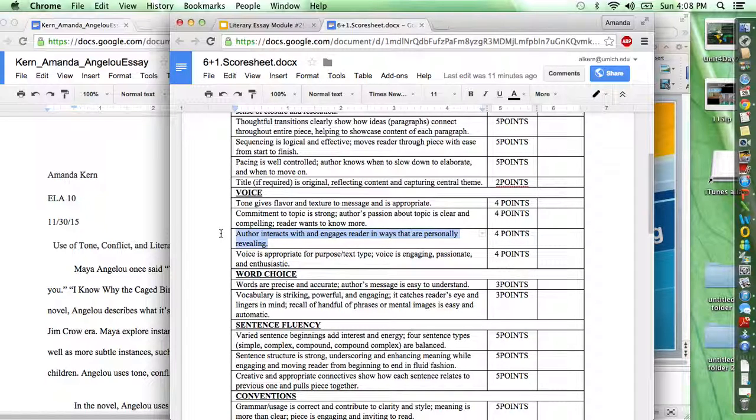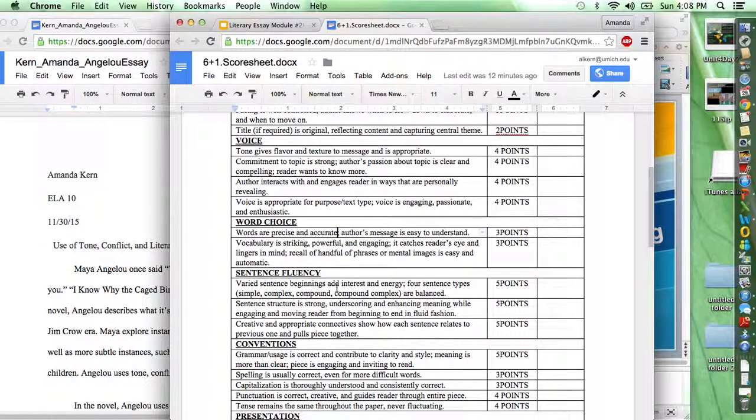Give the author these 4 points if while reading the essay you can actually start to hear that person's voice in your head as you're reading it. And you should also make sure that the voice is appropriate, meaning that they are not writing in first person, that the essay is written in third person academic voice, and that there's no slang being used.